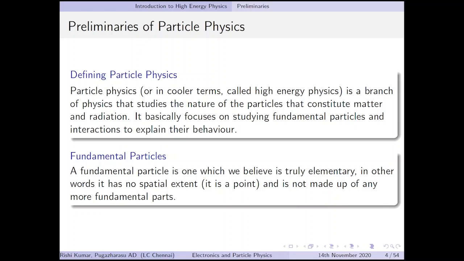A fundamental particle is one which we believe is truly elementary. In other words, it has no spatial extent, or it is a point particle and is not made of any more fundamental parts.